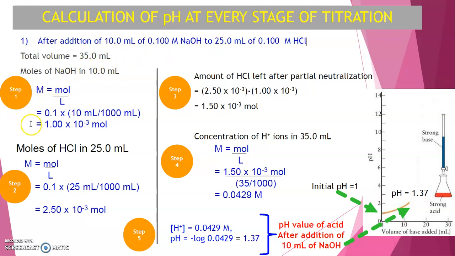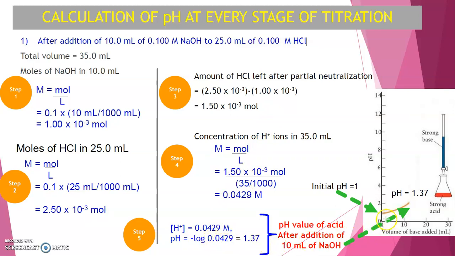First you need to find the mole of sodium hydroxide at 10 ml of volume, and then the mole of HCl in 25 milliliter. Here for your information, HCl is 25, sodium hydroxide is 10. So the remaining solution is hydrochloric acid. That's why you find the amount of HCl left after partial neutralization: mole of HCl minus mole of sodium hydroxide.